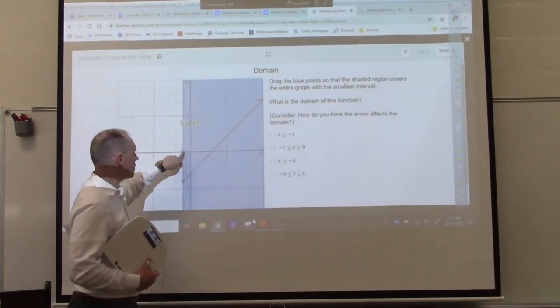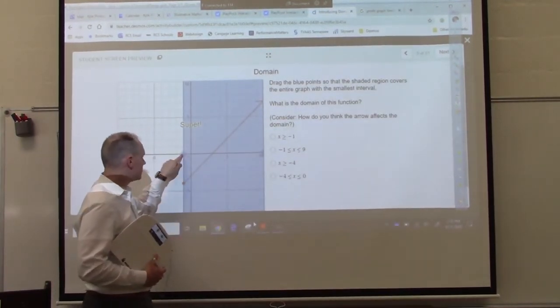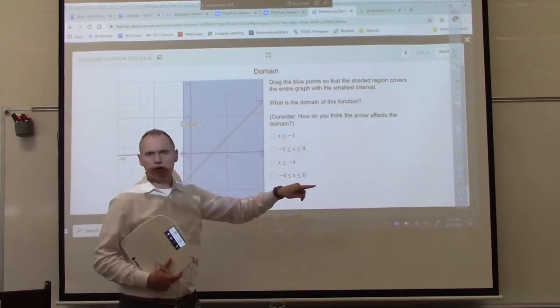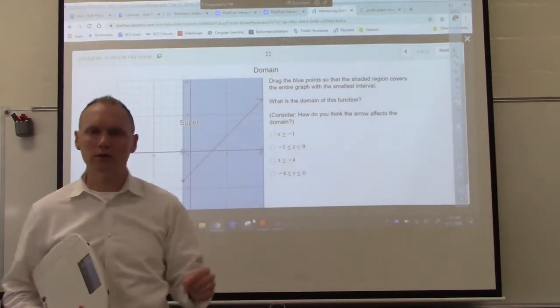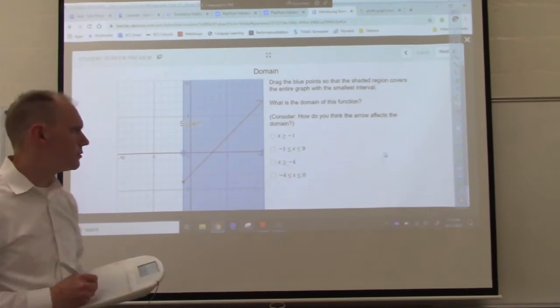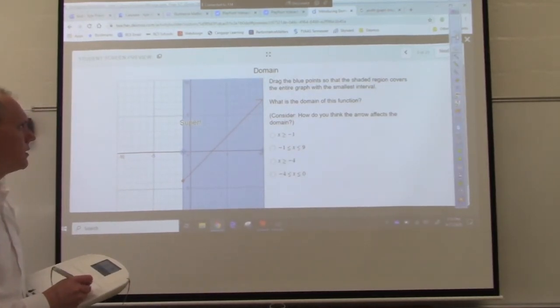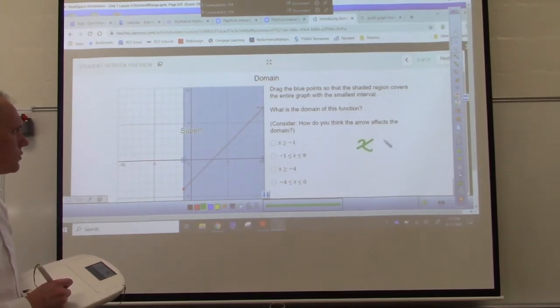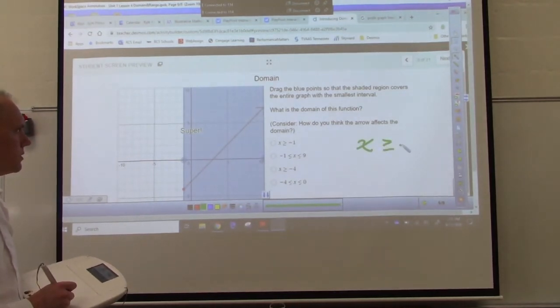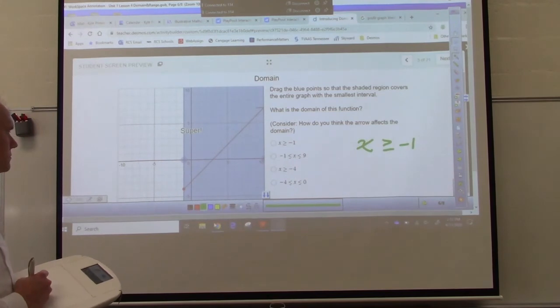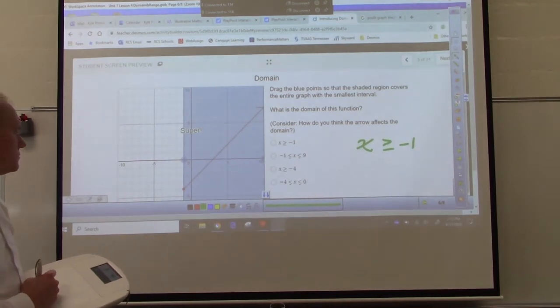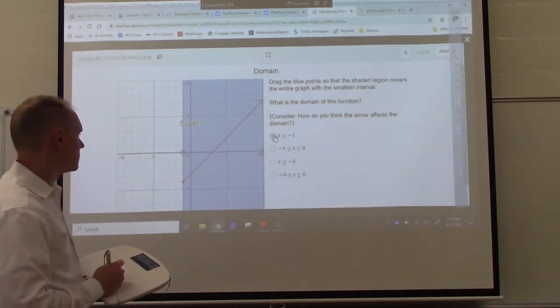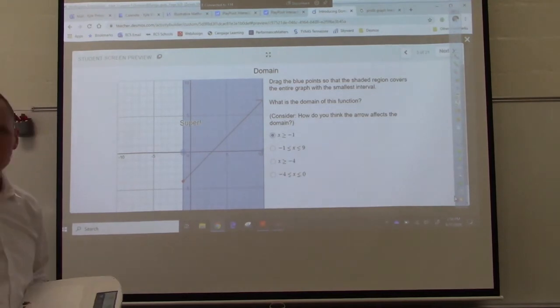So for all these x values from -1 and above. So all x values greater than or equal to -1, which goes back to the bell work. We wrote it in the bell work, didn't we? All x values greater than or equal to -1. So it would be that one there.